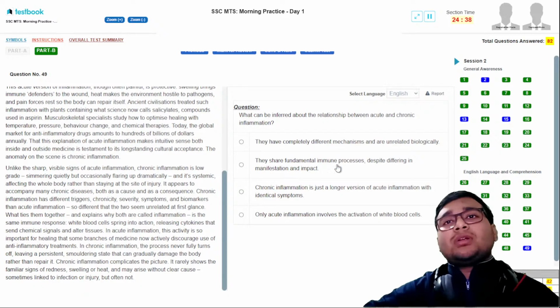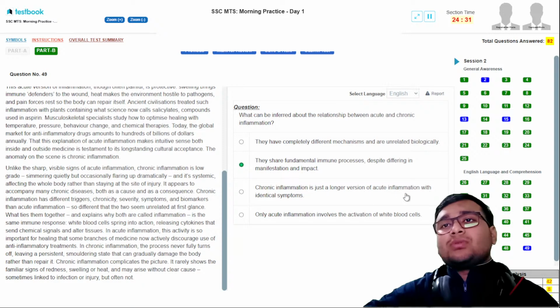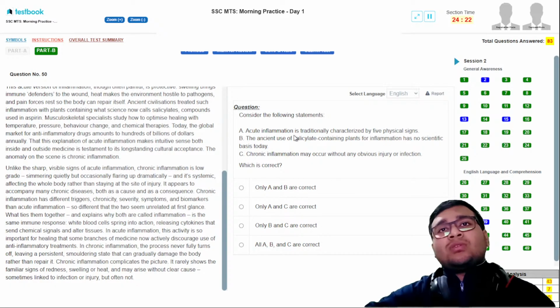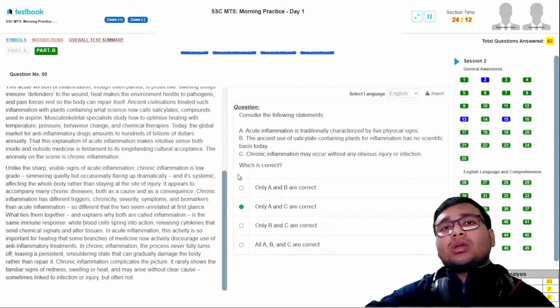Chronic inflammation is just a longer version of inflammation with identical symptoms. Only acute inflammation involves activity of white blood cells. Consider the following statement: the ancient use of this has no scientific basis today. No, that's wrong. Chronic inflammation may occur without any obvious injury or infection.